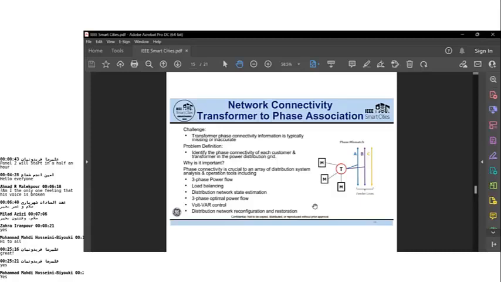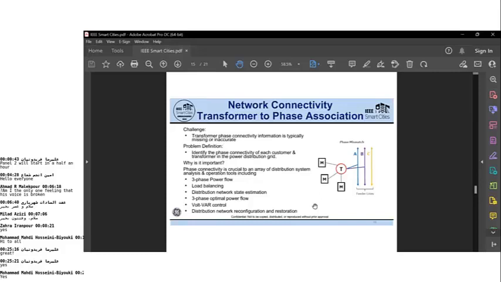We saw a gap between the two, and we realized that some of the transformers are mislabeled, and it will greatly impact the result that we were looking for. Another major application is distribution network reconfiguration and restoration that needs the right phase labeling. Next slide, please.